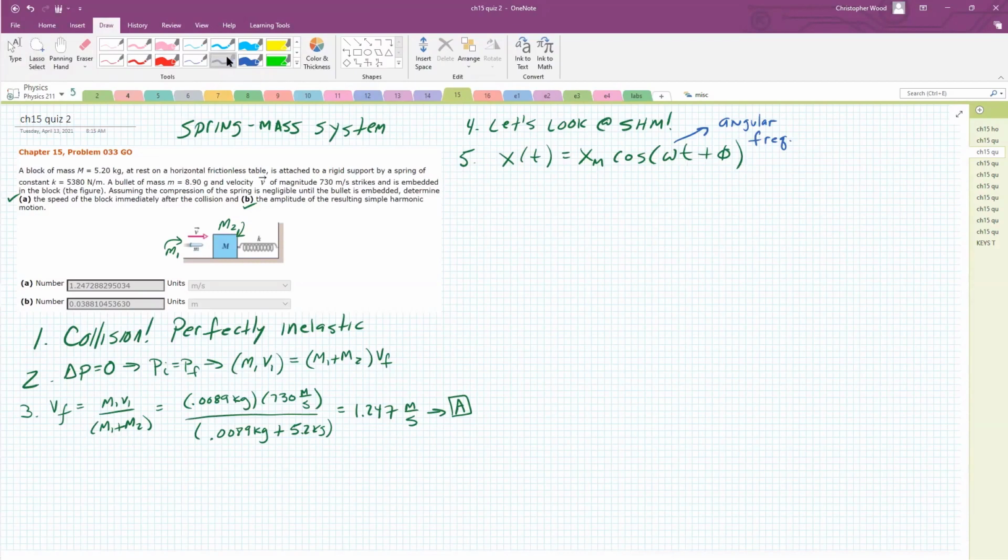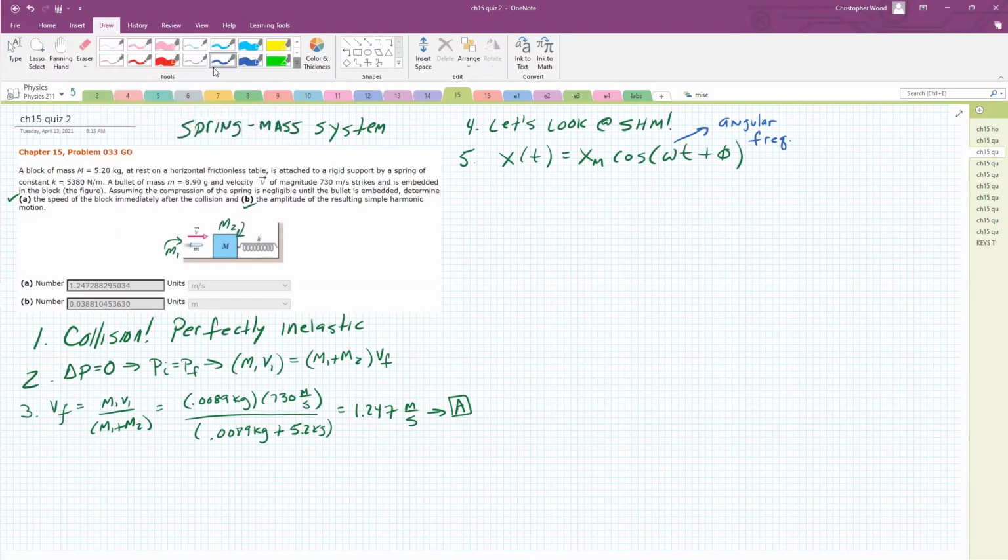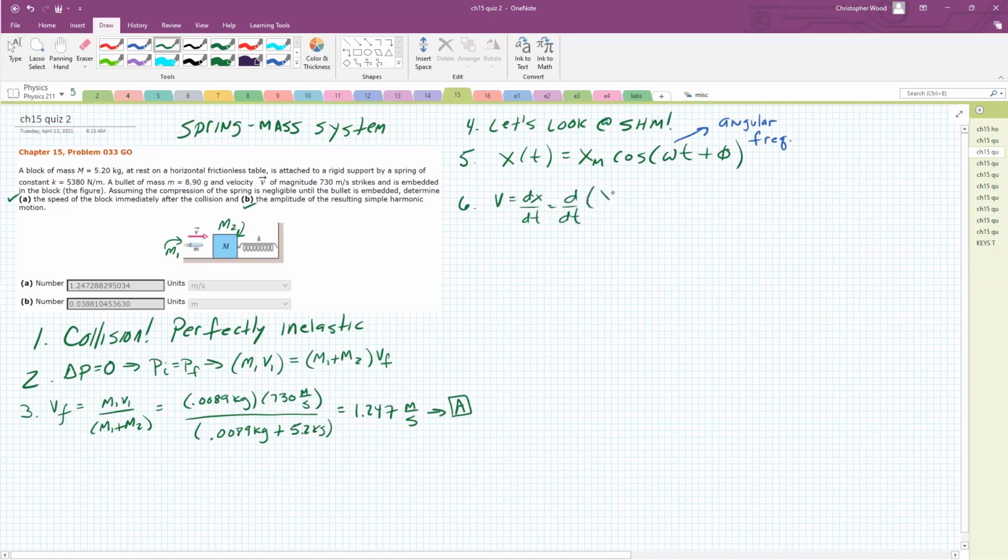So now I'm going to take the first derivative of this function. All right, so number 6, velocity is still dx dt. So let's take the first derivative of this displacement function, x sub m cosine of omega t plus phi.